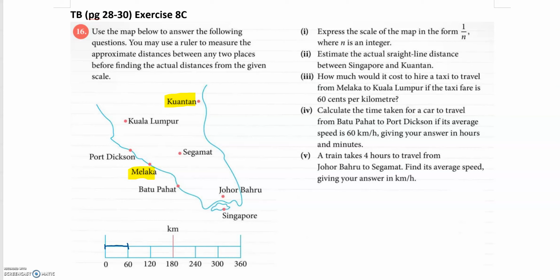In my case, when I measure this, I got 1 cm on my ruler. So 1 cm is to 60 kilometers for me. So I need to change them to the same units: kilometers to meters to cm.